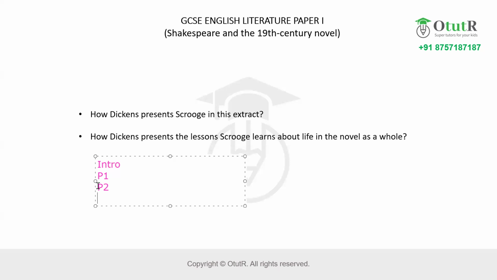So this scene, you can talk about what it means to the Victorian audience, because Dickens was writing during a time of great poverty and inequality.